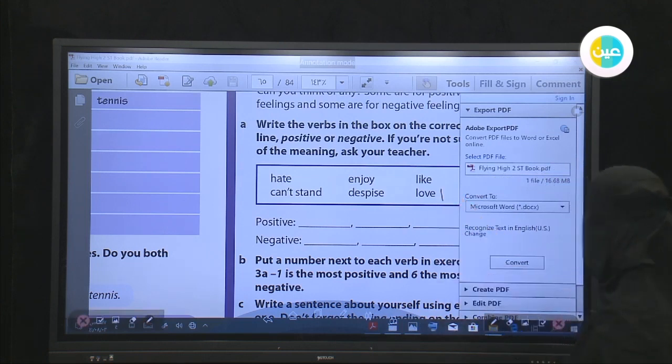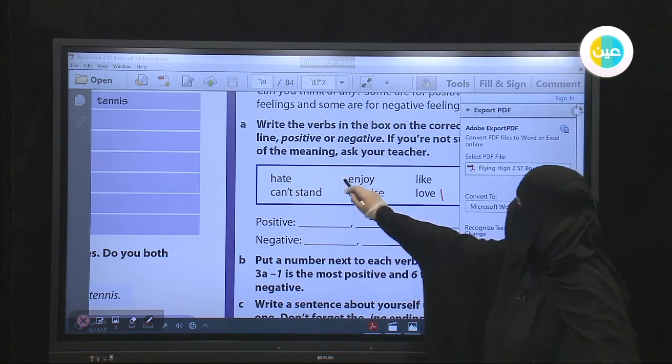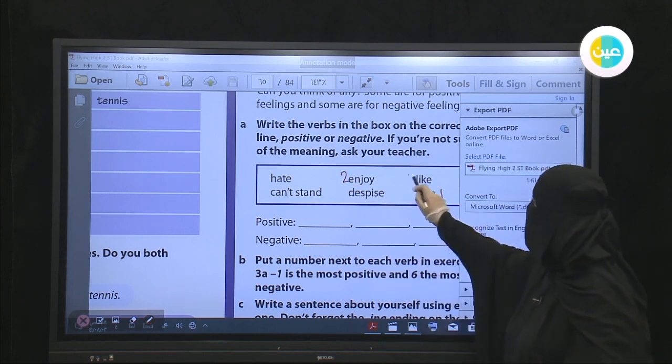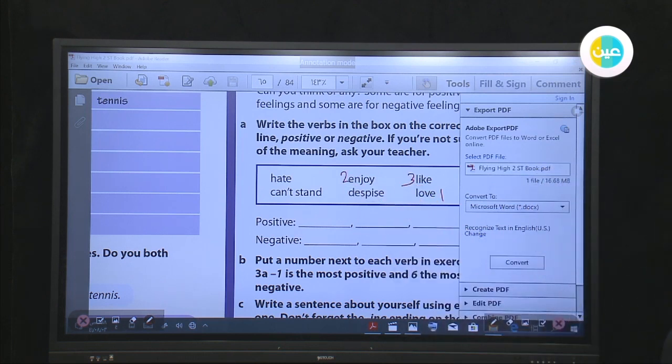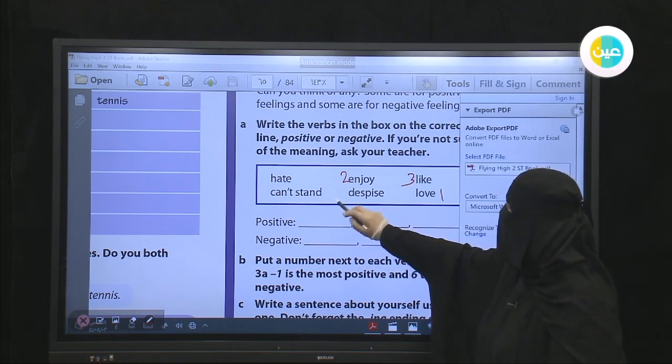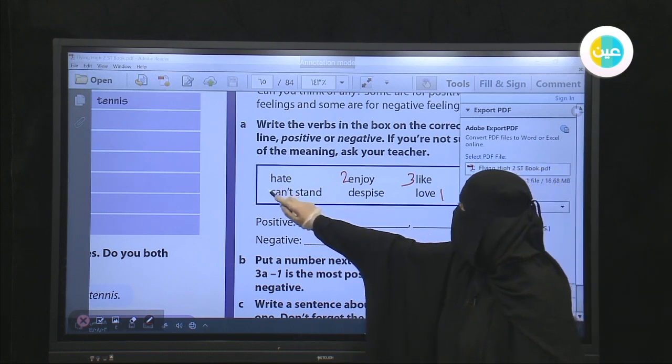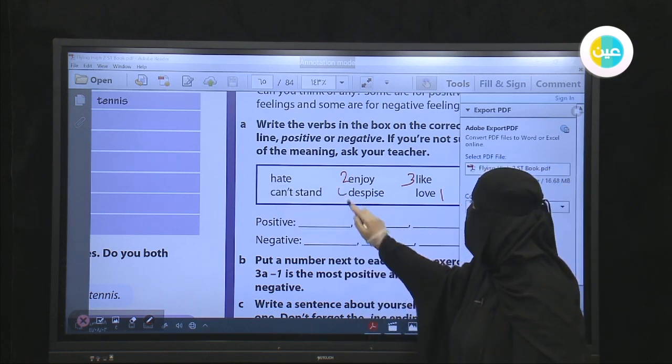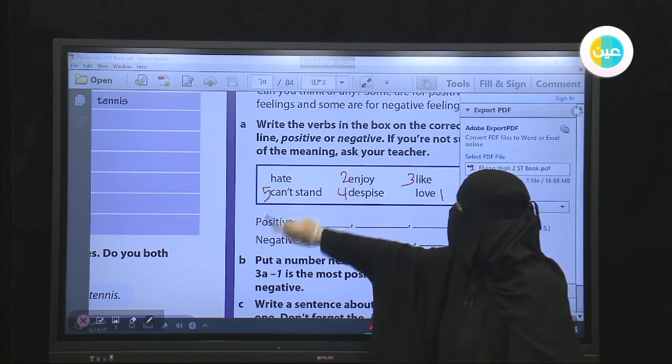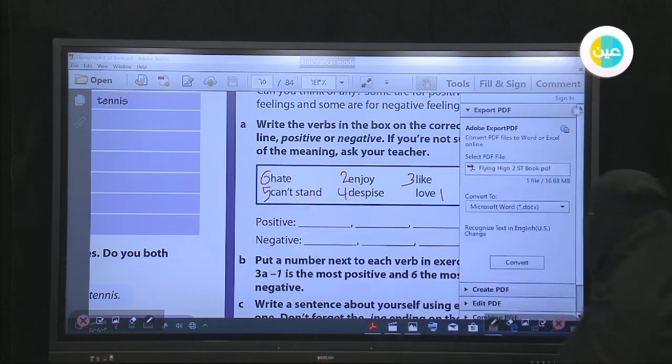Love is the most positive. After that, like or enjoy, what do you think? I think enjoy will be the second, like the third. Then can't stand, hate, despise. As we go up, we go to the negative feelings. So, from my point of view, despise will be 4, can't stand 5, hate will be 6.